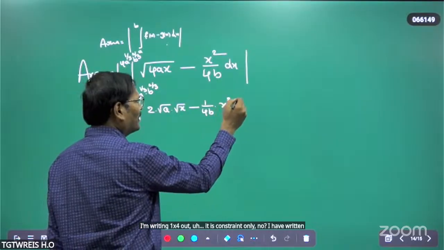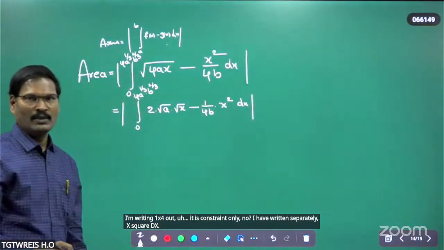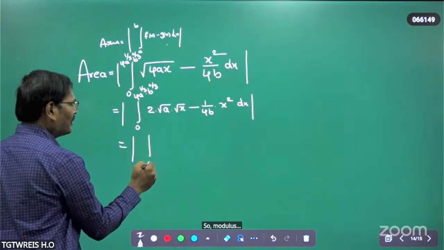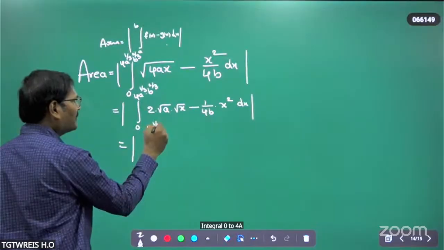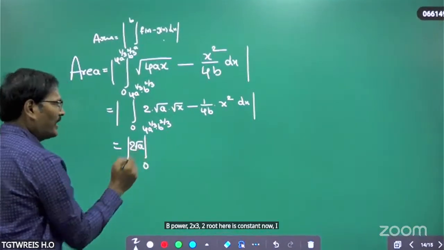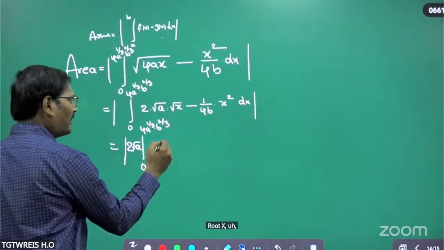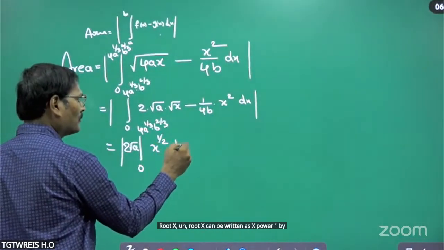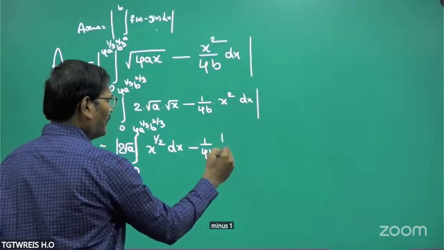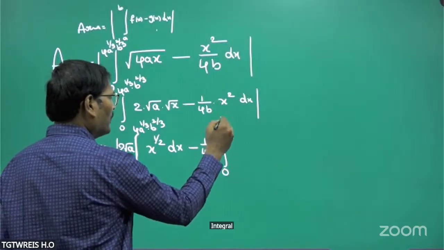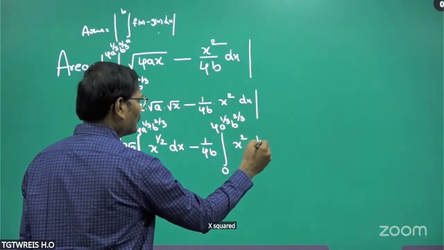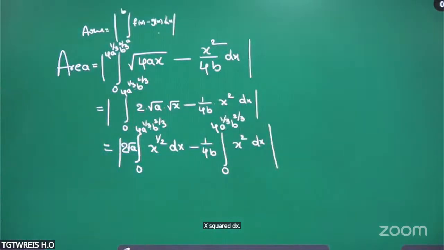I have written x square dx separately. Is it clear? So modulus integral 0 to 4a^(1/3) b^(2/3) of 2 root a, which is constant, I am writing outside, and root x can be written as x power 1 by 2 dx, minus 1 by 4b integral 0 to 4a^(1/3) b^(2/3) x square dx. Okay.